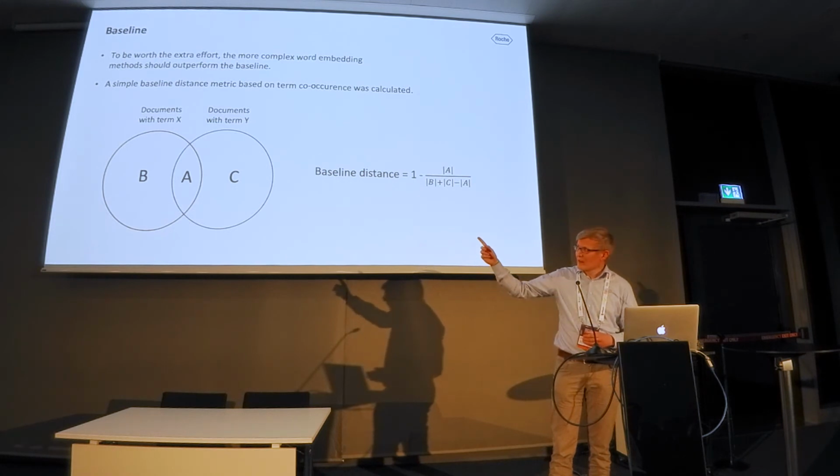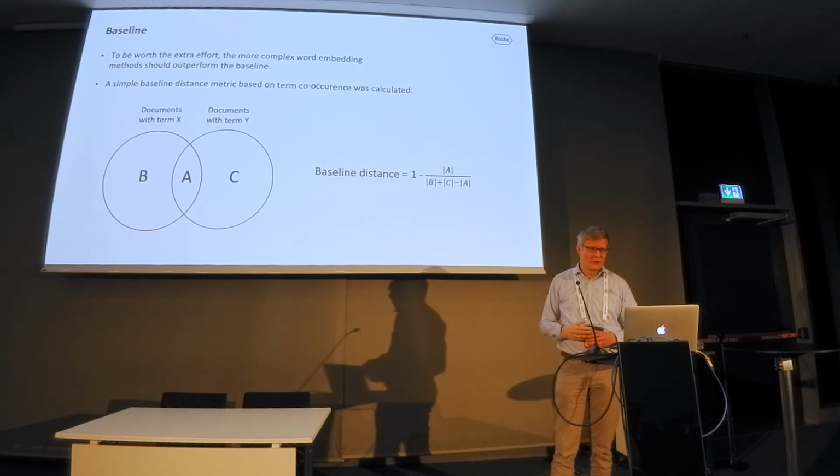A is the set of documents they both appear in, B is where only the term X appears, and C is where only the term Y appears. And then you calculate a baseline distance for the 2 terms. So very straightforward, actually. And I really wanted these word embedding methods to outperform this simple baseline.